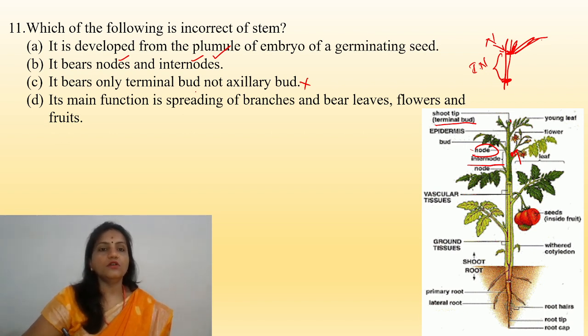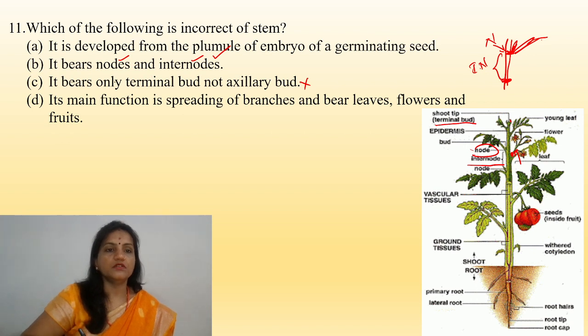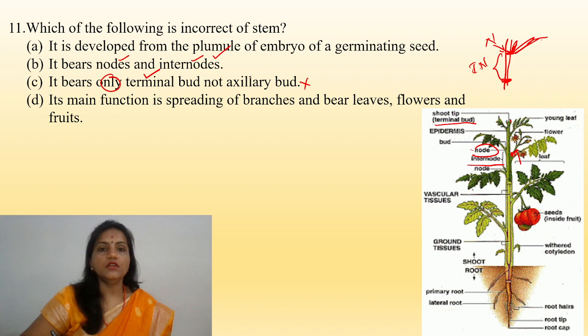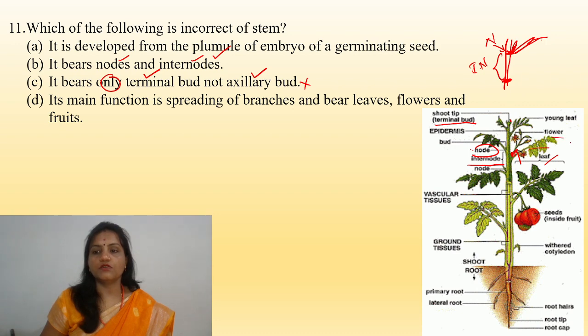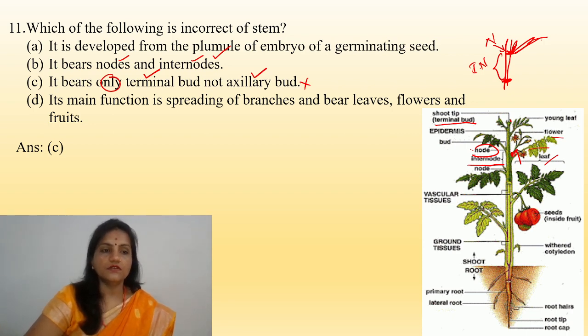It is not that it bears only terminal, it has got both terminal as well as axillary bud. Its main function is spreading of branches and bearing leaves, flowers and fruits. Correct, you can see here it has got leaf, it will spread the branches, it has got flower, and so forth. So the incorrect statement is C.